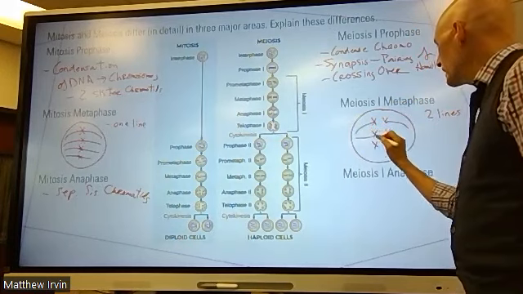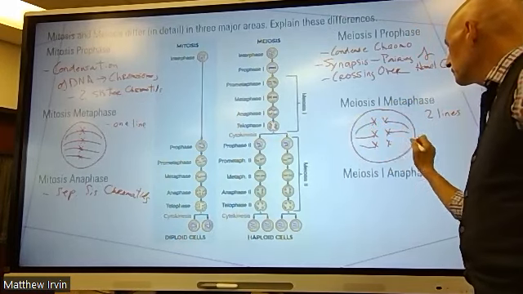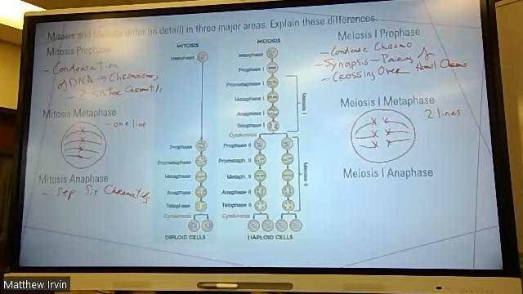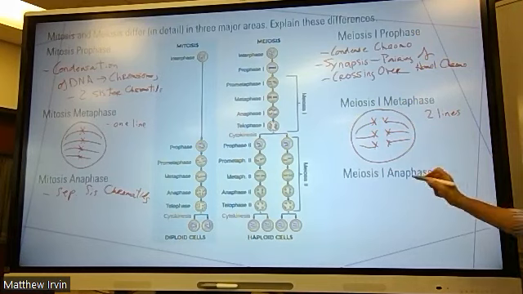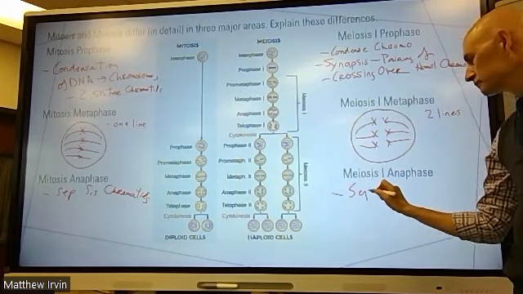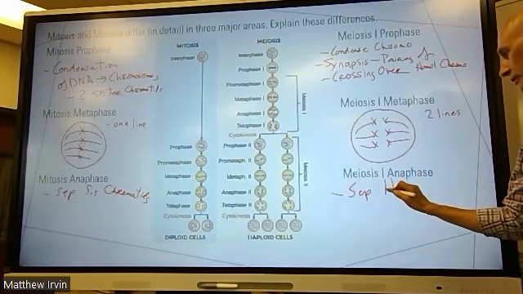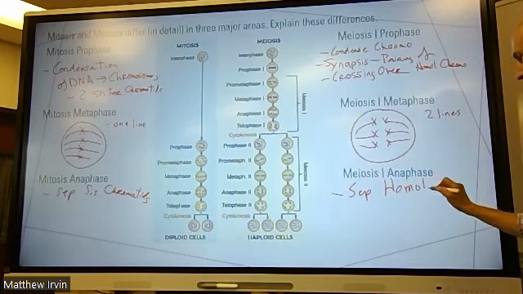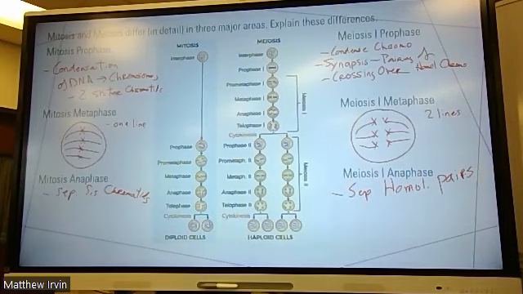And so when they separate, what do we actually separate? Correct, we separate the homologous pairs. When do the chromatids separate? In anaphase two. Correct, in the second phase, which is just like mitosis.